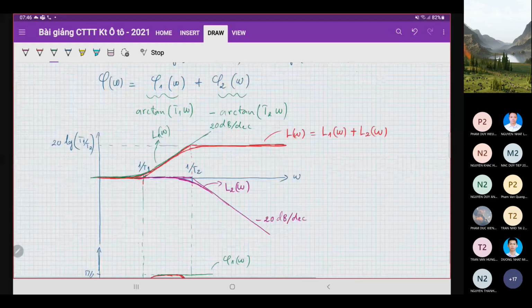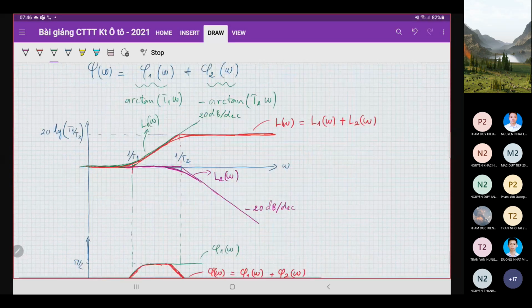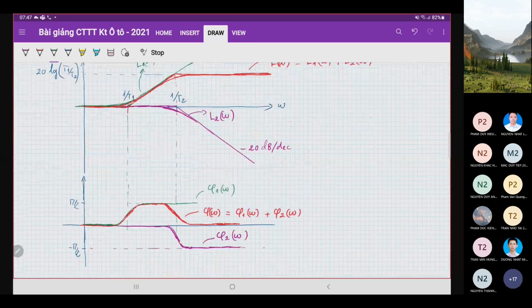In which we assume that T1 is greater than T2, and we can see that in most cases the phase of the output signal will go beyond the phase of the input signal.